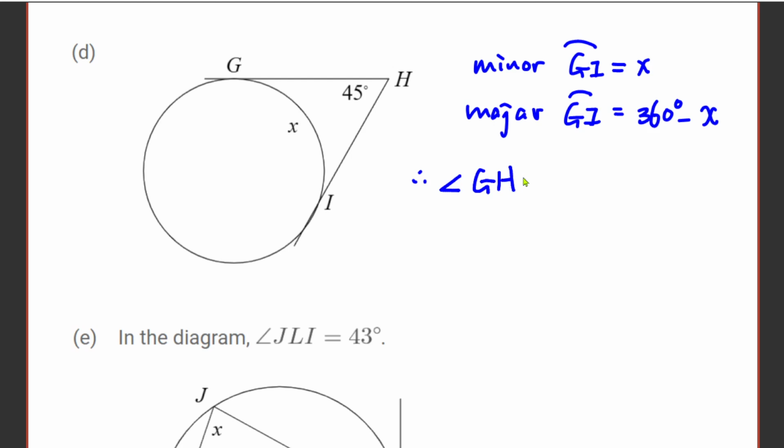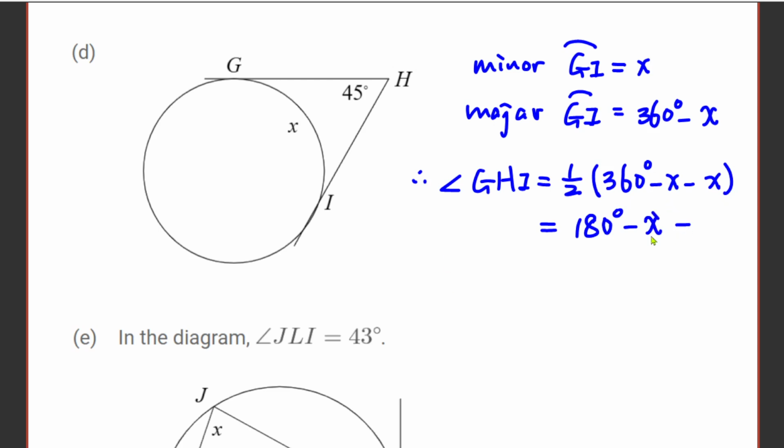Angle GHI equals a half of the difference between these two arcs, which is 360 degrees minus x, which equals 180 degrees minus x, right? And we also know that angle is actually 45 degrees, so we can solve x, right? Therefore we know x equals 135 degrees. Any questions?